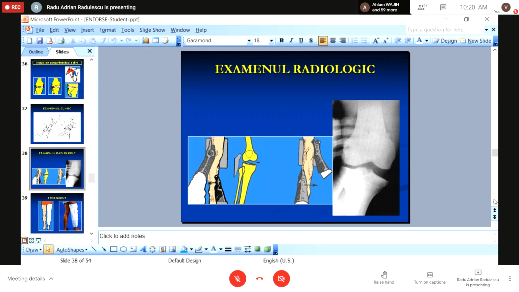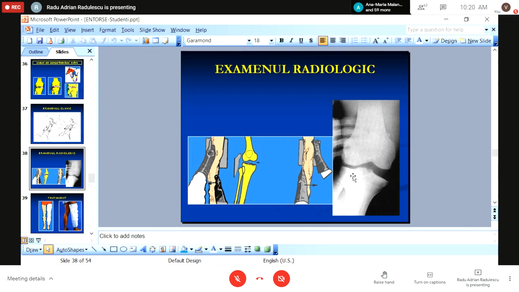In the knee also, like in the ankle, we may perform x-rays in forced position. And we can take a front view x-ray with the knee in a forced valgus position, and we may see that the joint opens at its medial aspect.